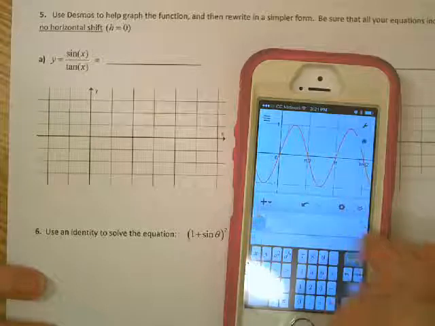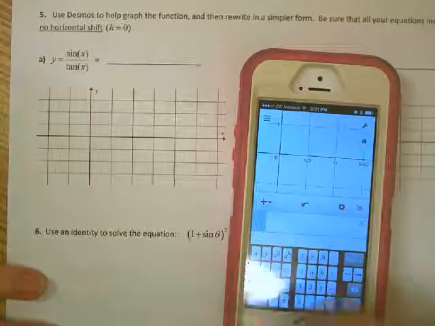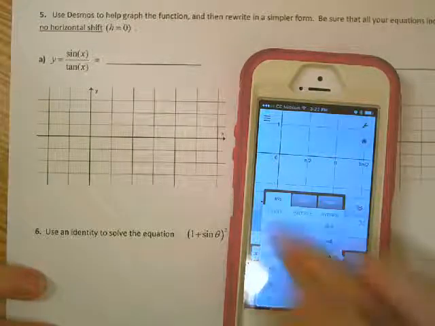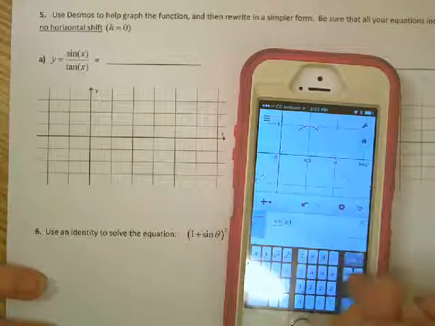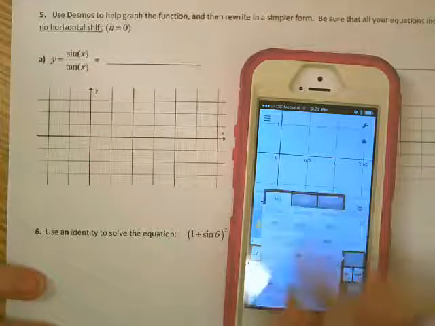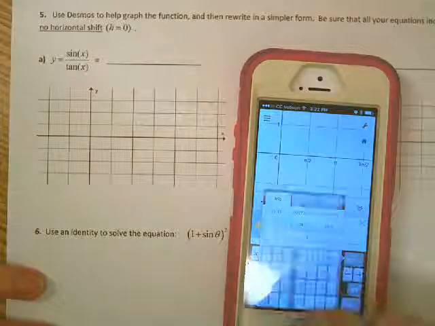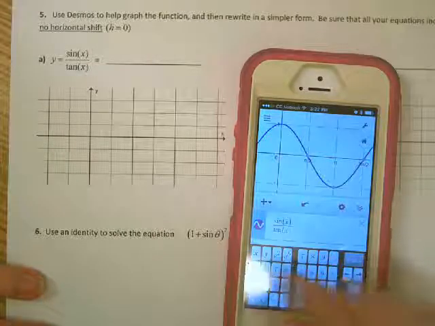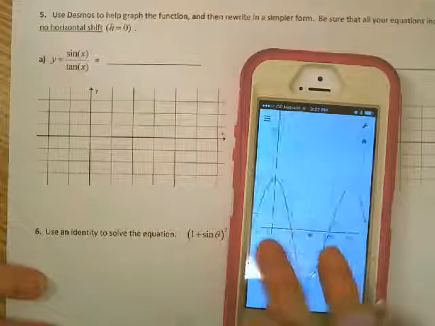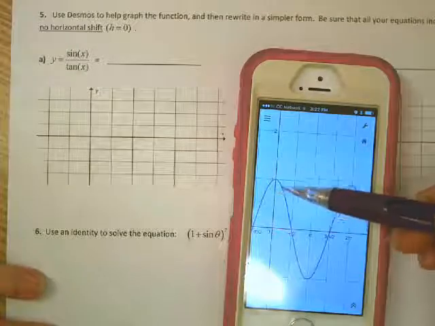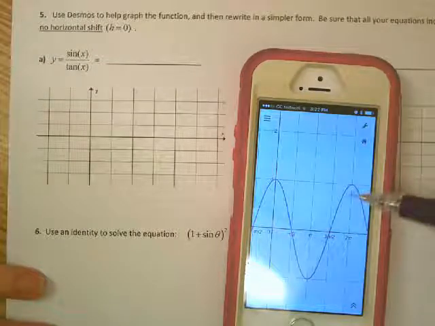Okay, so if I do sine x, close my parentheses, divided by tangent x, close my parentheses, what I notice is that this is exactly a cosine function.